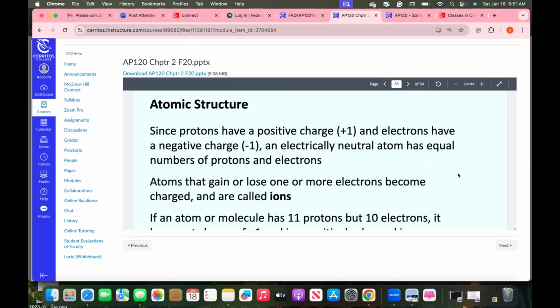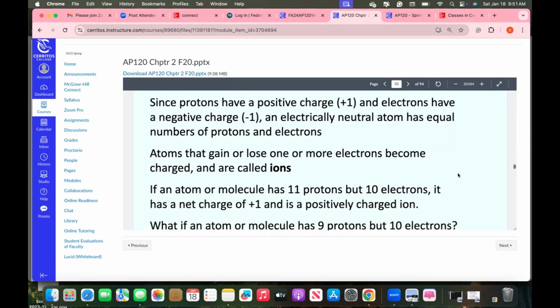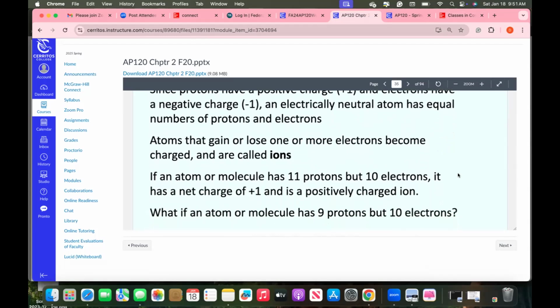If an atom or a molecule has 11 protons but 10 electrons, so it has 11 positives and only 10 negatives, it's got more positives, right? And it has a net charge of +1.